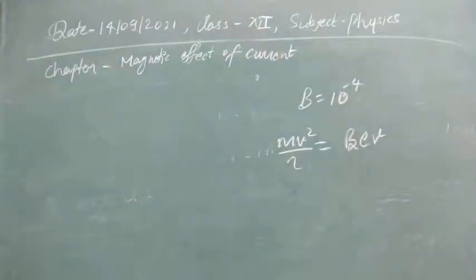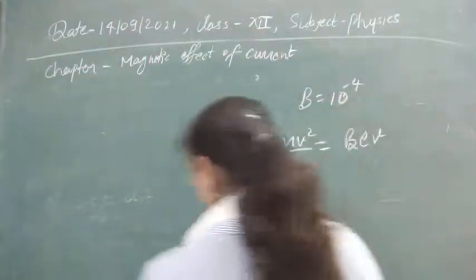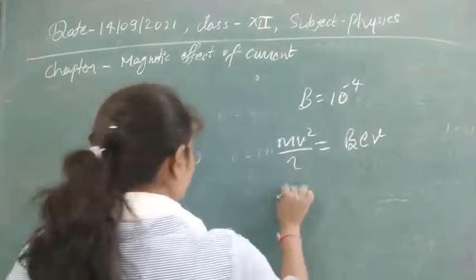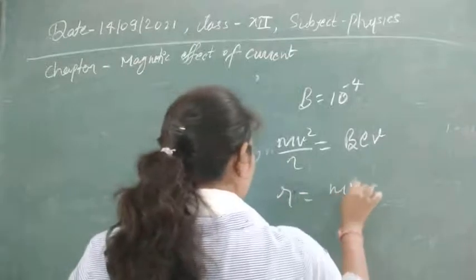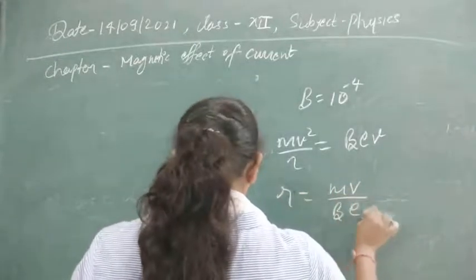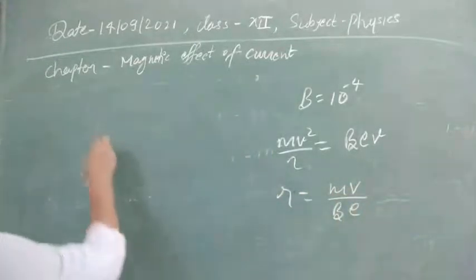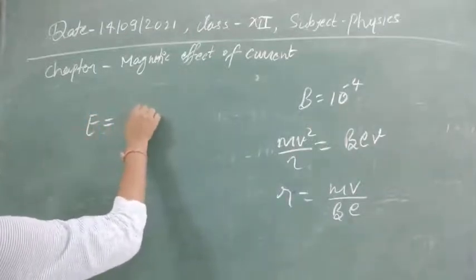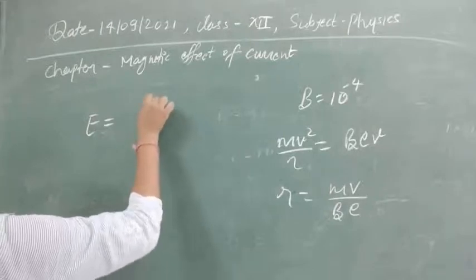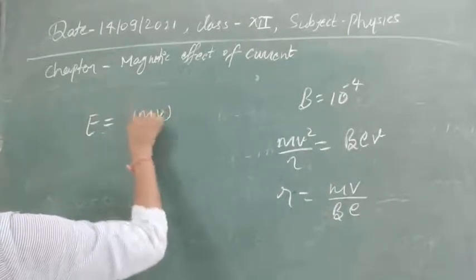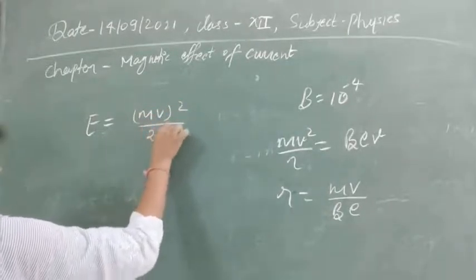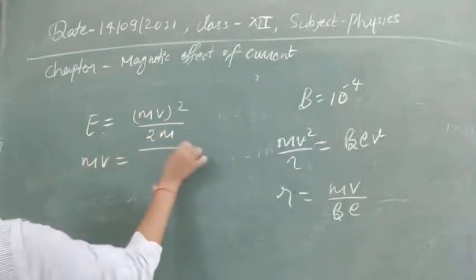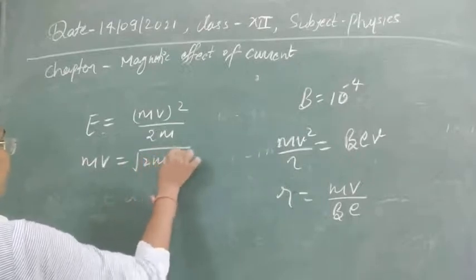So in this case we can write R is equal to mv upon qB. And also we know that kinetic energy E is equal to p square upon 2m. So p square is mv whole square upon 2m, and mv can be calculated as root of 2mE.